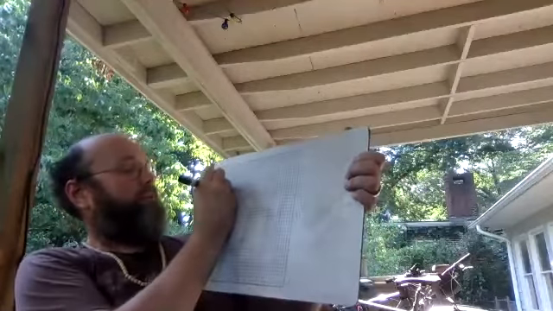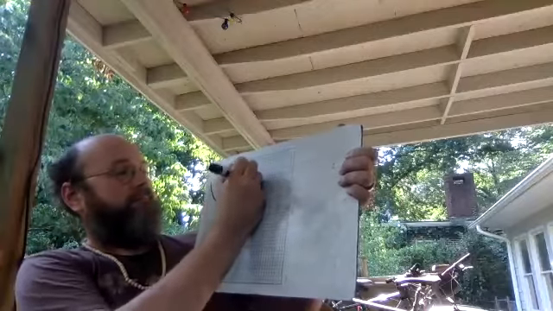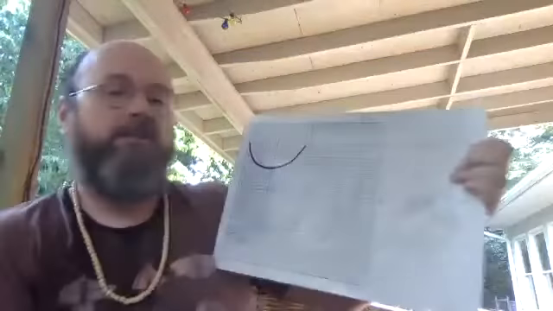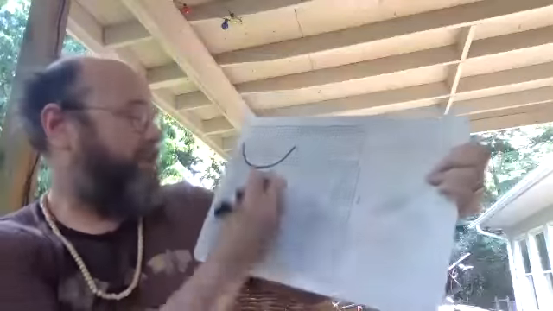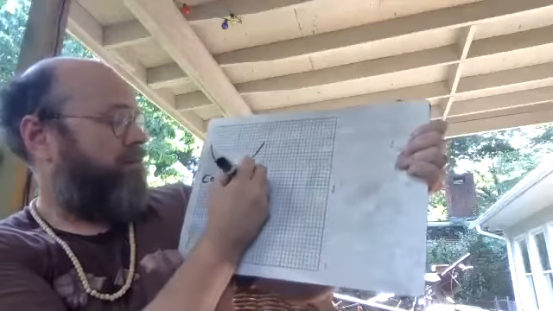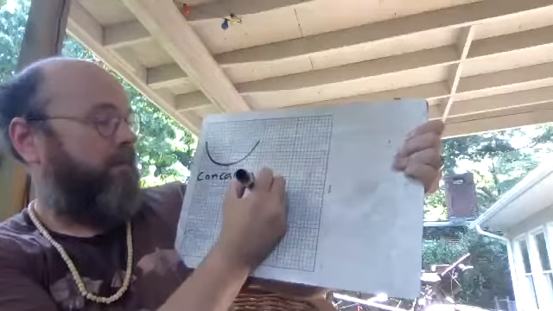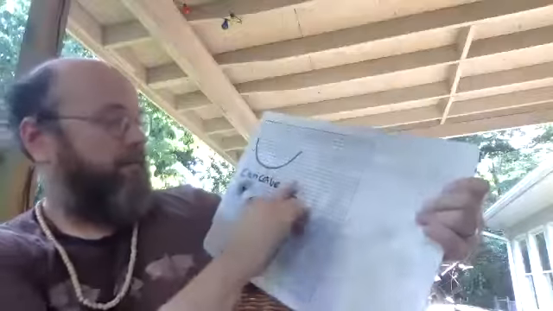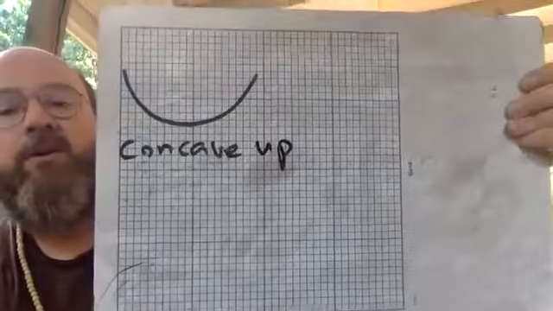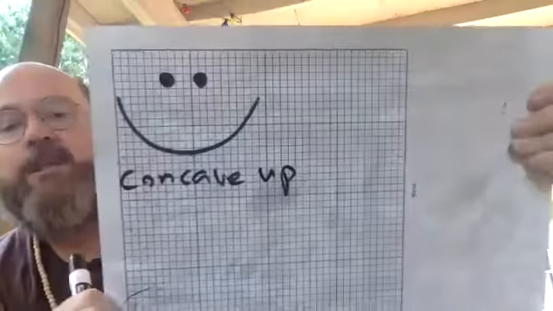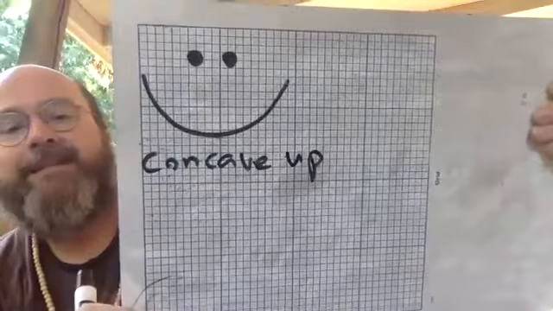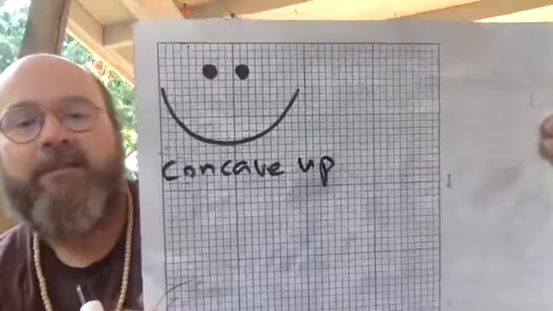If your curve is like this at a point, it's scooped like a cup or a bowl, this is called concave up. It's opening upwards. And it's really easy to remember concave up because of the theory of emojis. You can turn any curve at any point into a smiley face if it's concave up. Just draw two little eyes on the curve, and if it looks like a smiley face, if it's happy, then it's concave up.